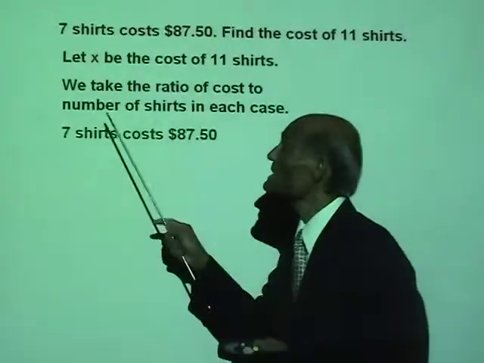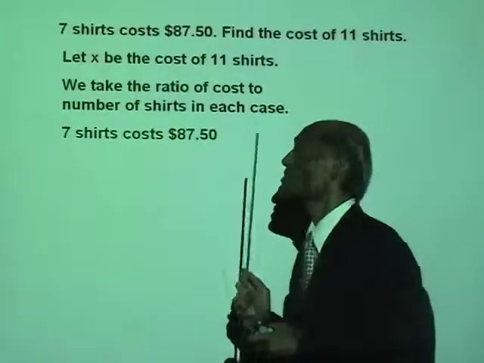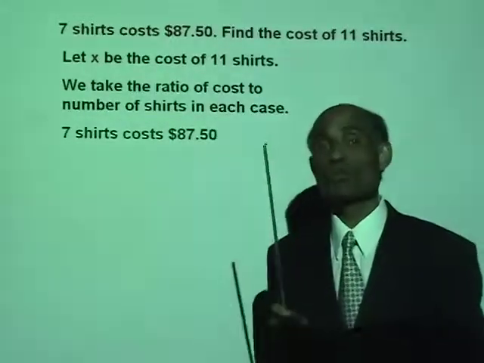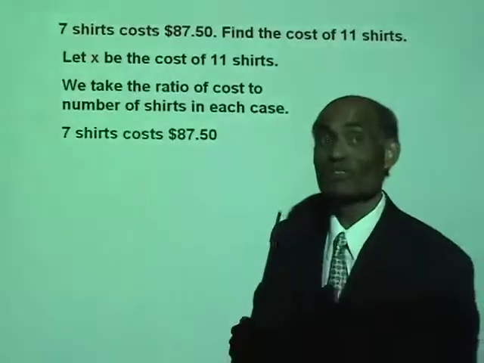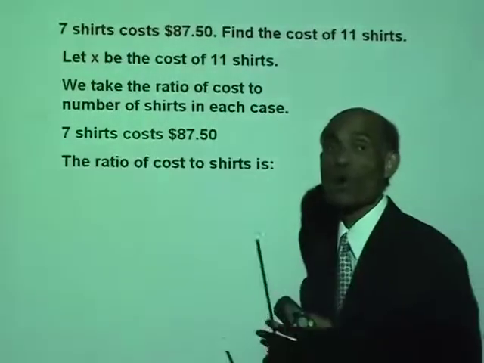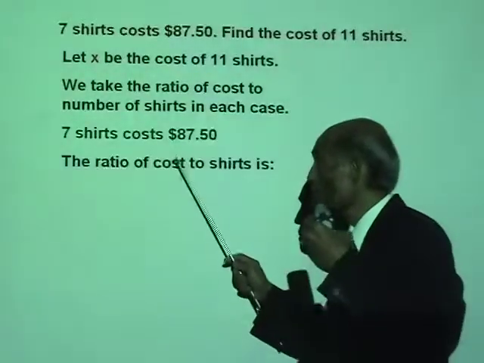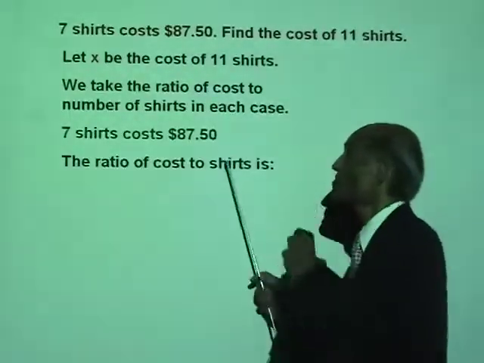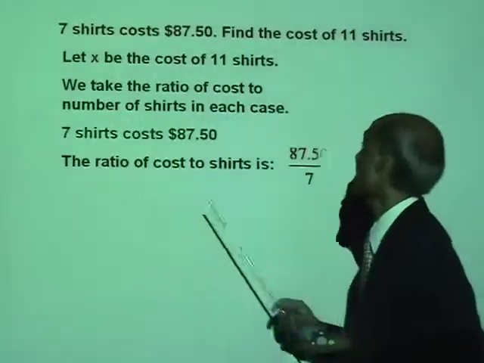Alright, the first one is 7 shirts cost $87.50. Can you write a ratio of dollars to shirts? Cost is in dollars. Ratio of dollars to shirts will be 87.5 divided by 7.